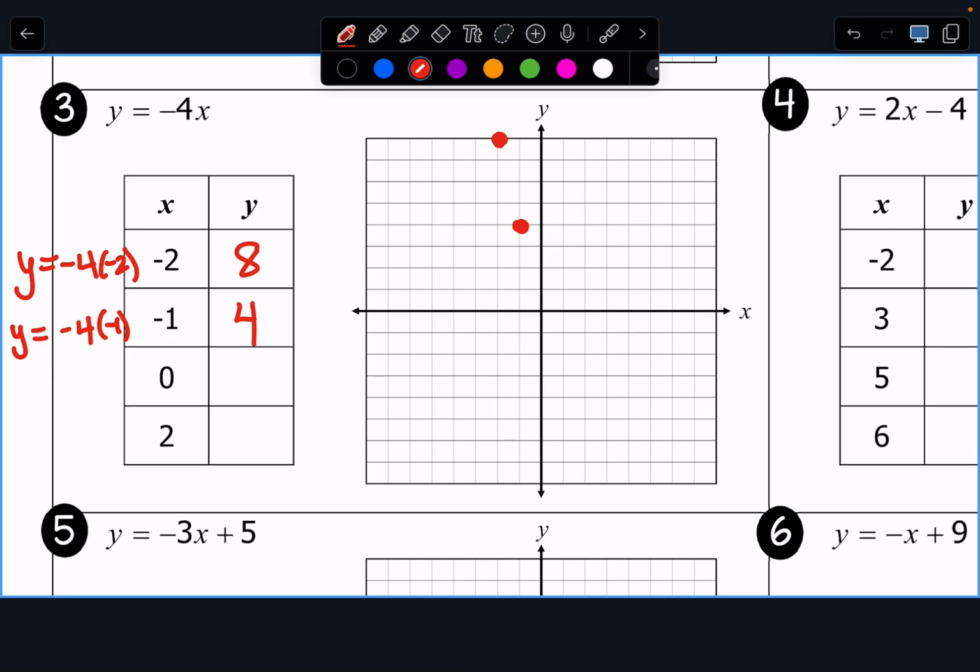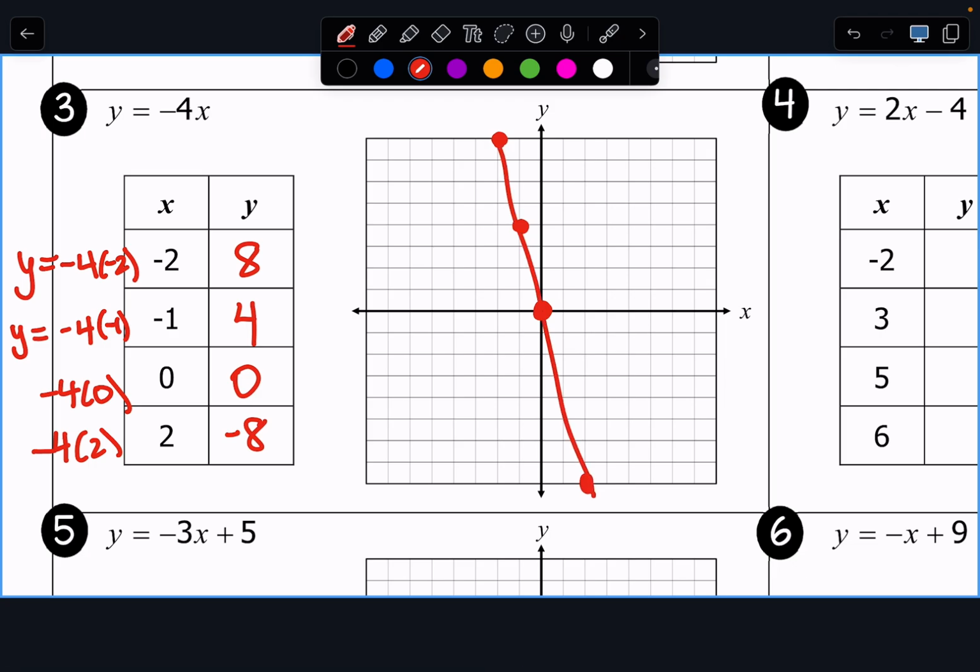What's 4 times x? What happens when we plug in 2? What's 4 times 2? Oh, I forgot my negative. Thank you for keeping me on track. Negative 4 times 2 is negative 8. So we have right 2 and down 8.